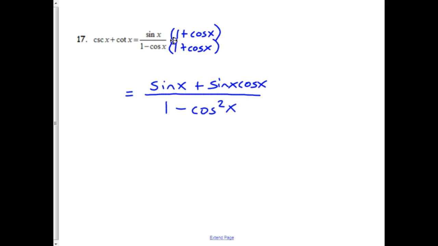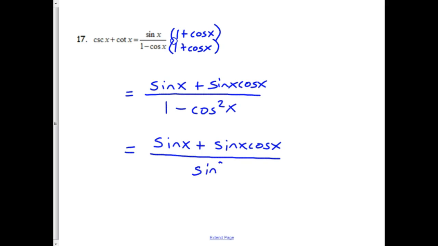Okay, let's see. Well, 1 minus cosine squared x is just sine squared x, right? Like that. Okay. And let's see. Well, I could factor out a sine and kind of subtract that way, but I think that would actually get me back to where I started almost.